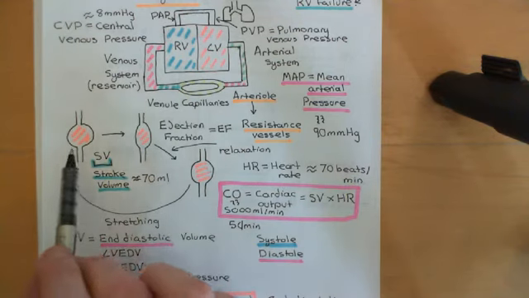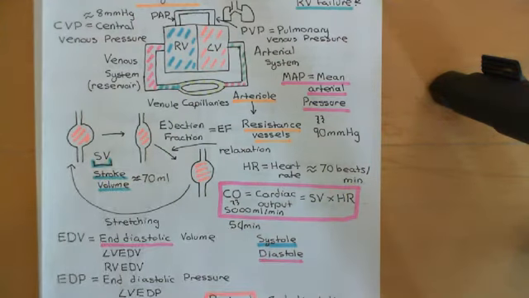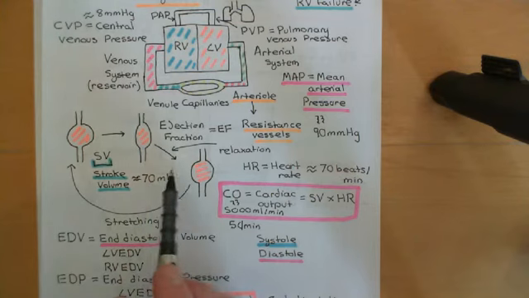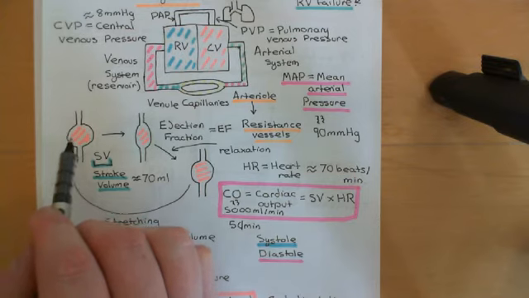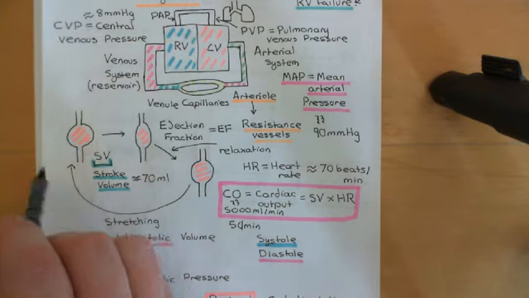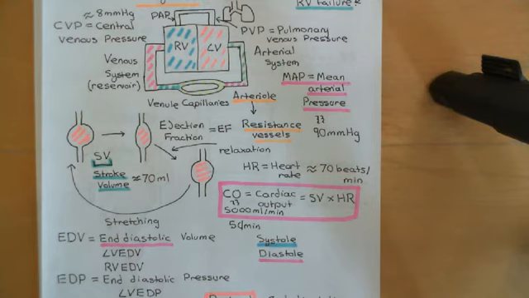If the central venous pressure and the pulmonary venous pressure are now higher because the right ventricle and the left ventricle have decreased their stroke volumes, the movement of blood into each of the ventricles by this stretching is going to increase.